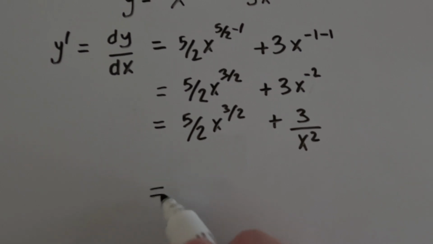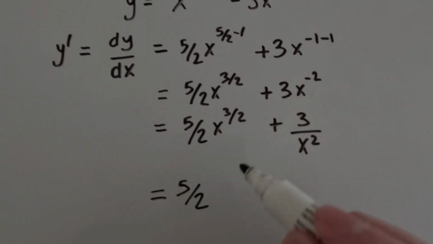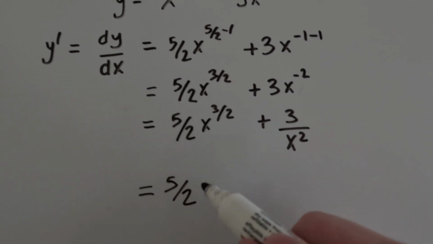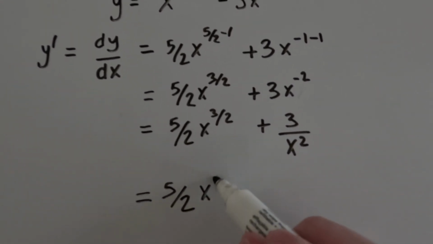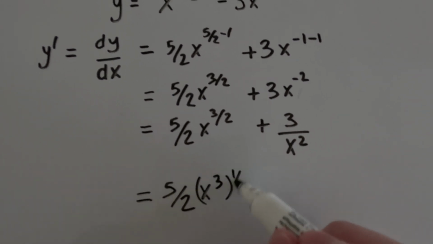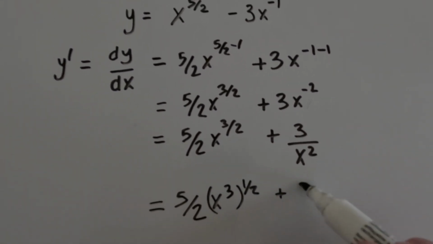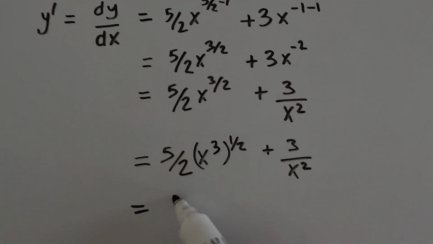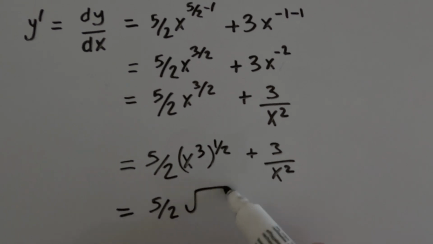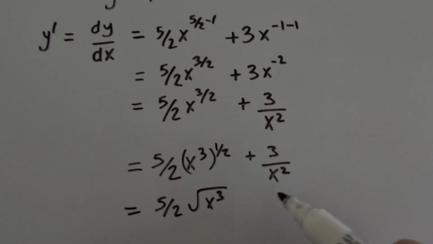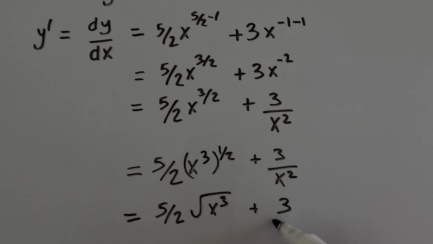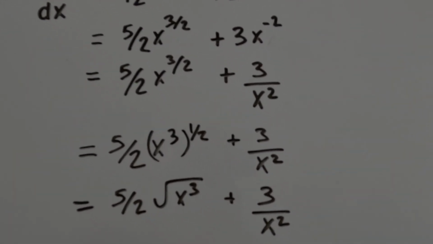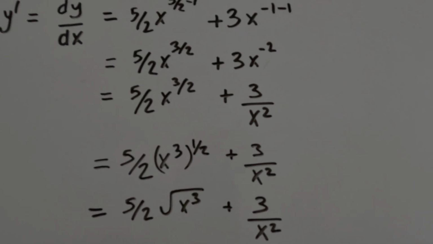But let's just go and write that in the form like in the question. So this is equal to x to the 3 to the half. So it's x cubed to the half. So this is equal to... Okay, so that's writing it in the same form as in the question.